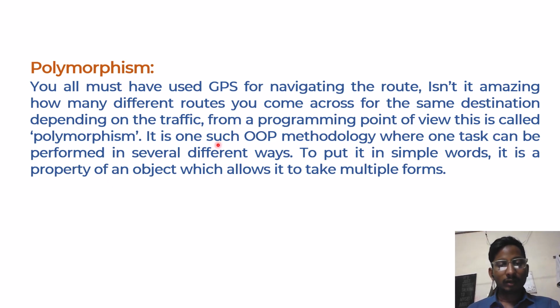It is one of the OOPs methodologies where one task can be performed in several different ways. To put it in simple words, it's a property of an object which allows it to take multiple forms.